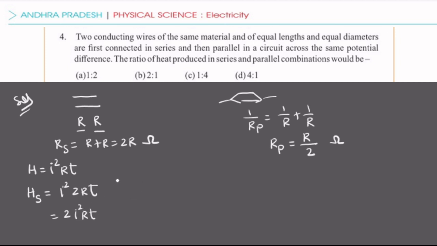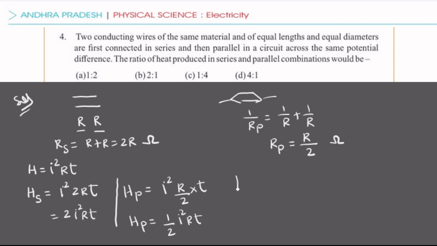Now when the resistances are in parallel, we get I square and the equivalent resistance, how much? R by 2 here. R by 2 into T. So this can be written as 1 by 2 I square RT.